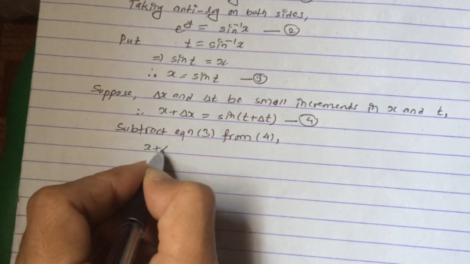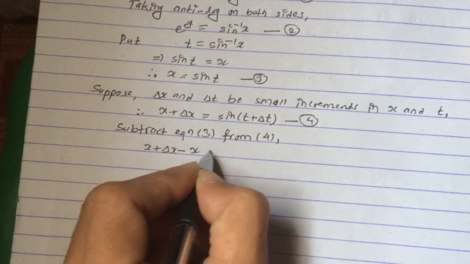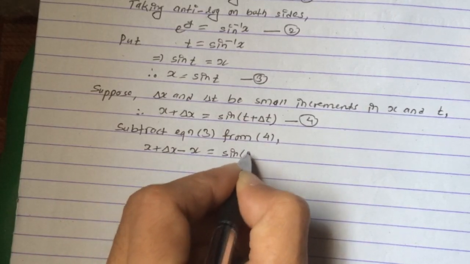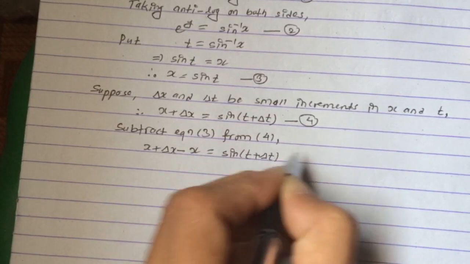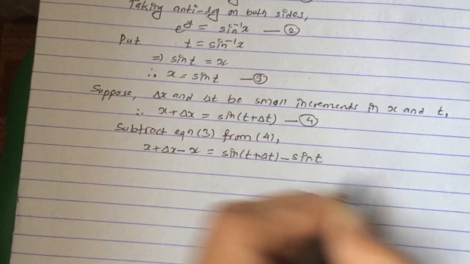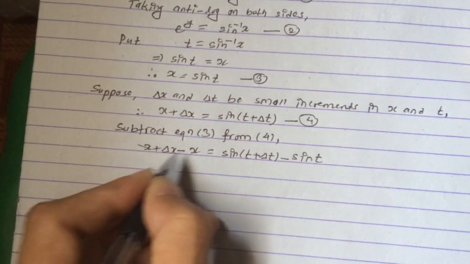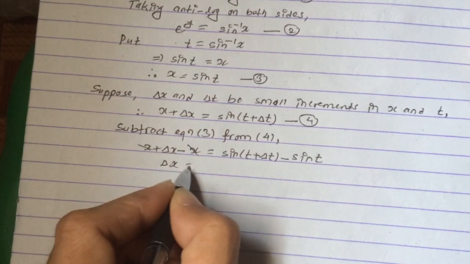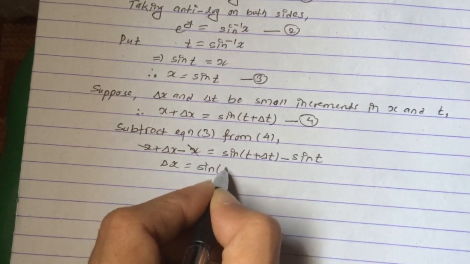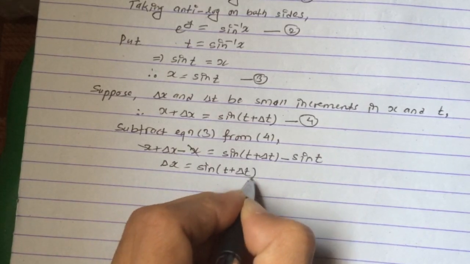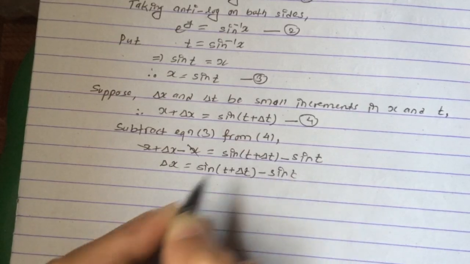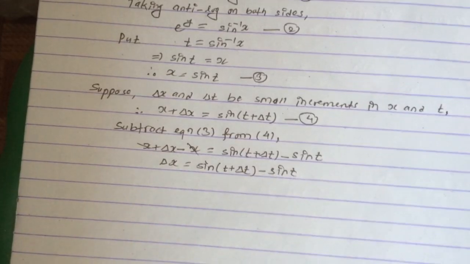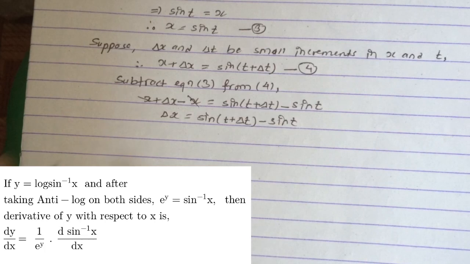We get x plus del x minus x is equal to sine of t plus del t minus sine t. The x cancels out here, so we are left with del x is equal to sine of t plus del t minus sine t. Here we have to divide by del t.